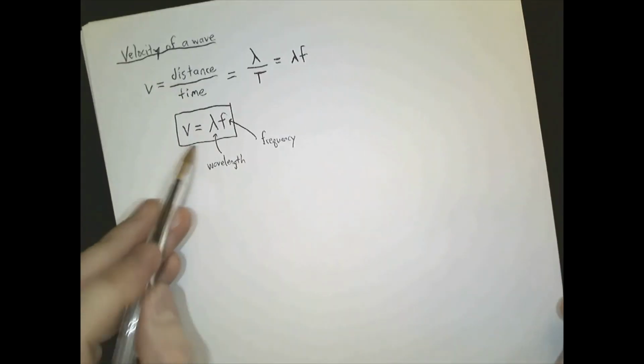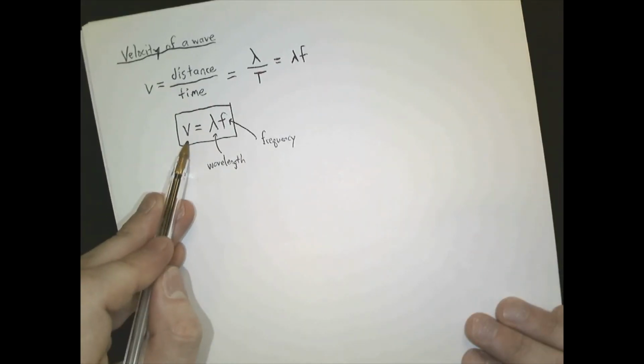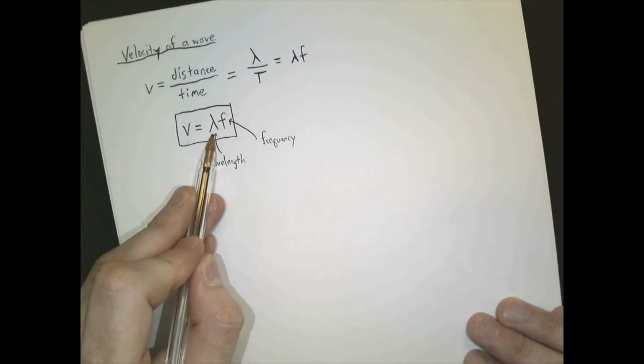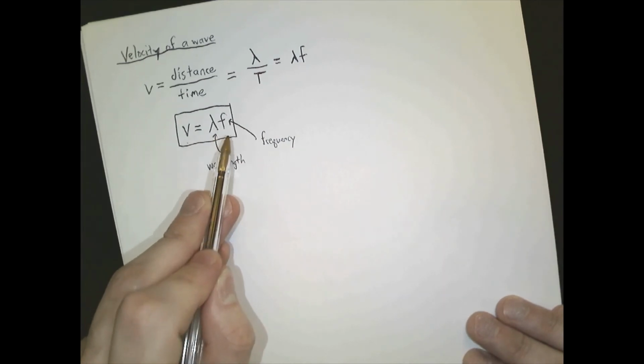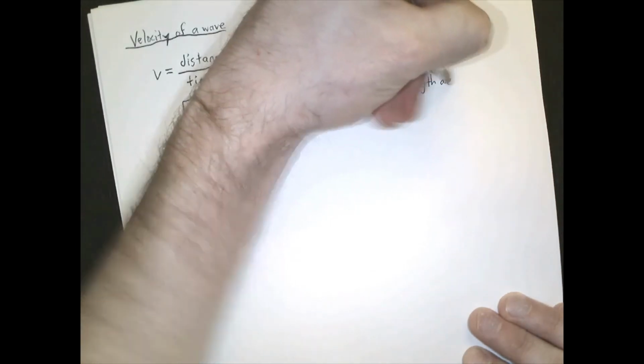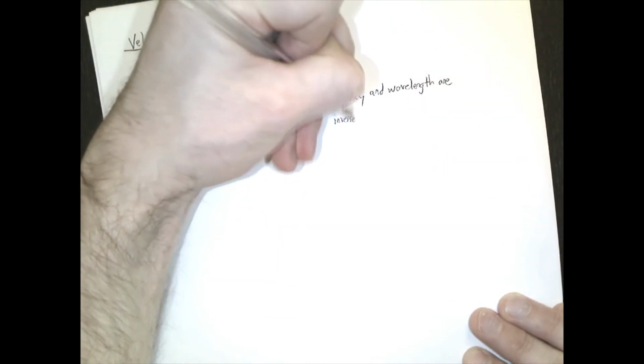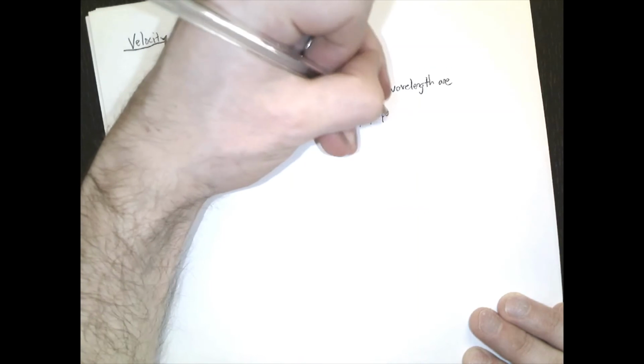And we can see that, for a constant speed wave, as one of these goes up, the other one has to go down to balance that. So frequency and wavelength are inversely proportional.